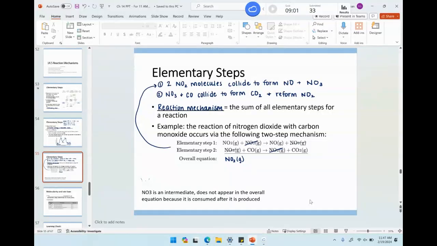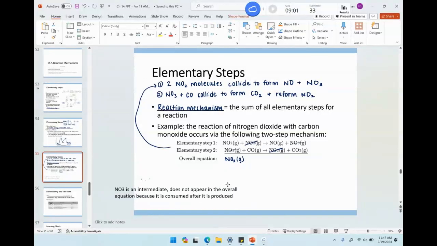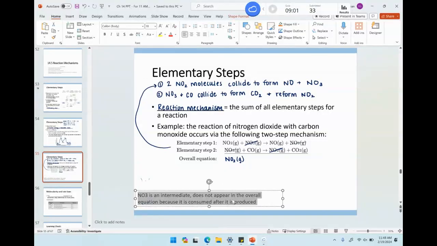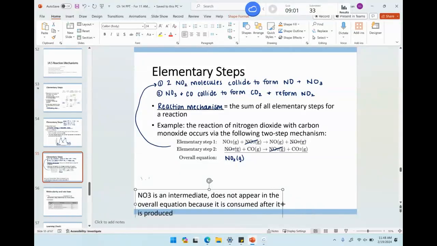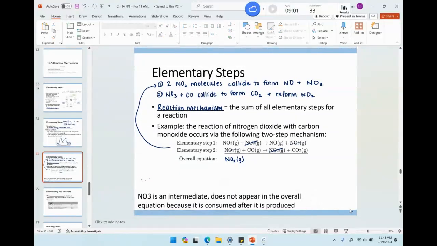Questions up there? Great. So NO3, let me make that larger. NO3 is an intermediate. Again, we do not put it in the overall equation. So we're done with NO3.